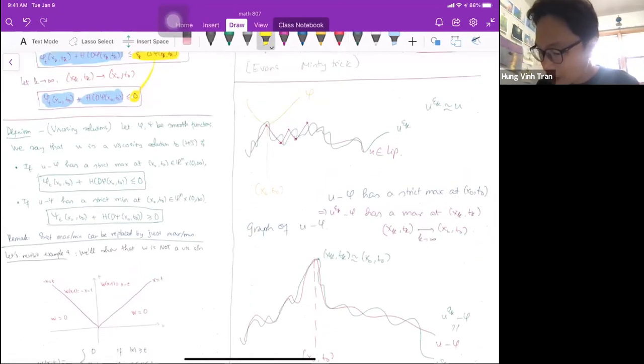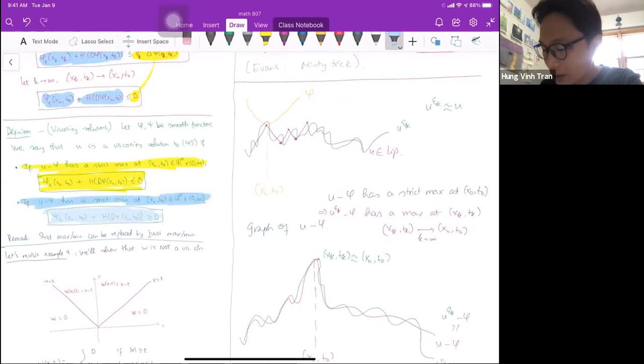So the first part is the sub-solution property: if it has a strict max here, then I would have it less than or equal to 0. Okay. And then there is a super solution property: if it has a strict min, then I have the other side of the inequality.